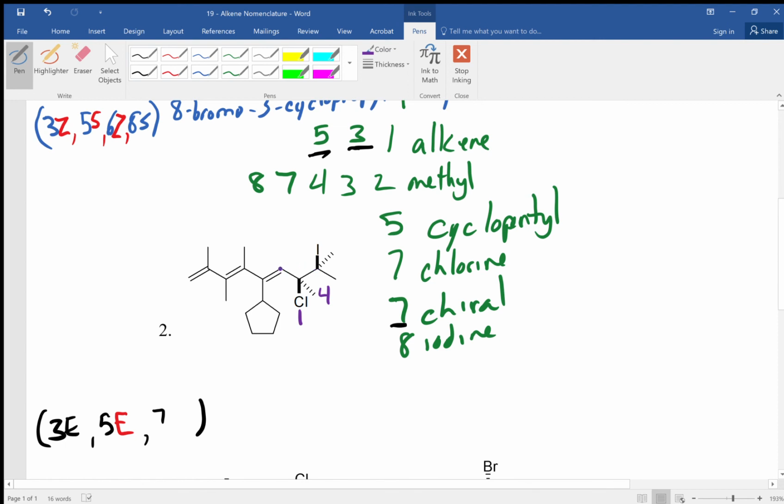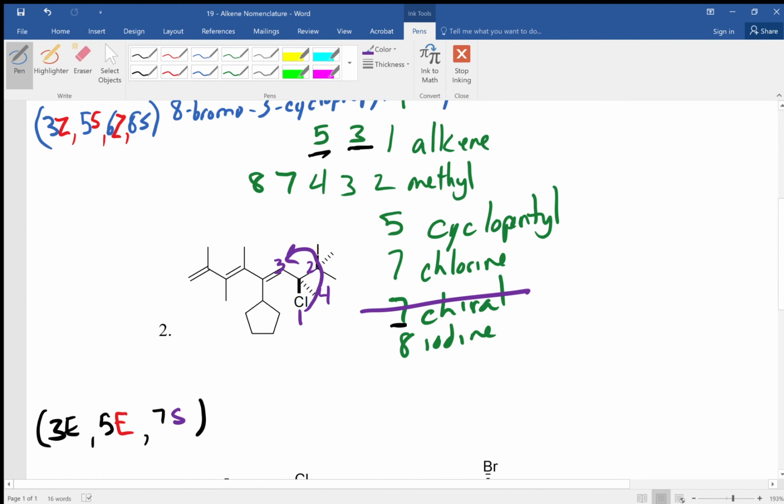The one on the left is a carbon double bonded to a carbon, but over here we have a carbon bonded to an iodine, and so that iodine is going to be higher priority than the remaining carbons. Our lowest priority is already pointed back, so we don't have to switch anything. Our arrow goes clockwise, and so we know that this is S. So we've taken care of that.